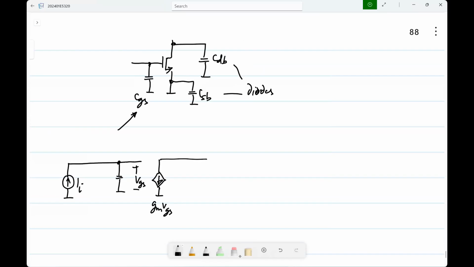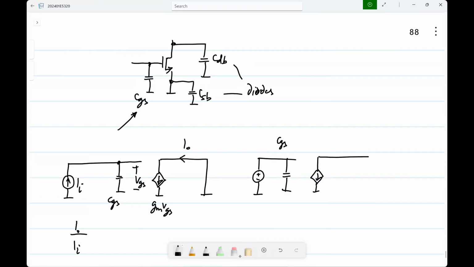I'll have only CGS, and the output is shorted. In fact, you get the same result if you assume a common source amplifier that is loaded by another common source amplifier.